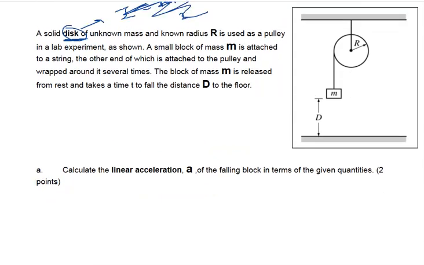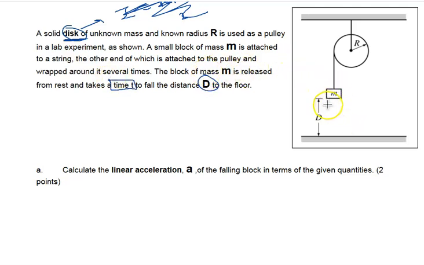Question A says, calculate the linear acceleration A of the falling block in terms of the given quantities. What is a little confusing is that they give you time, they give you distance.